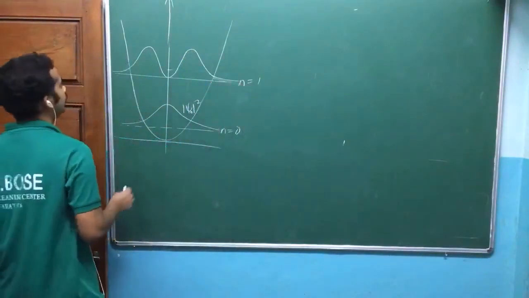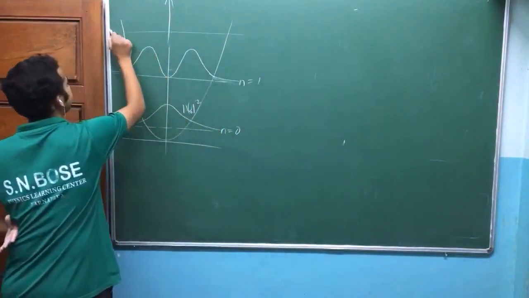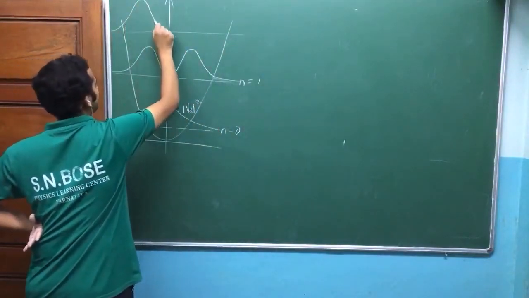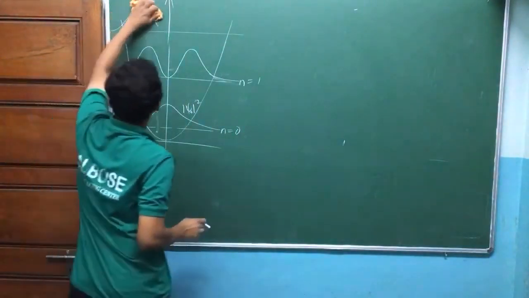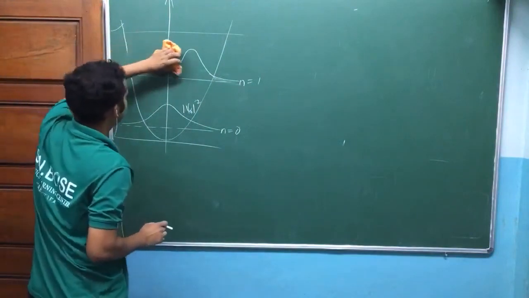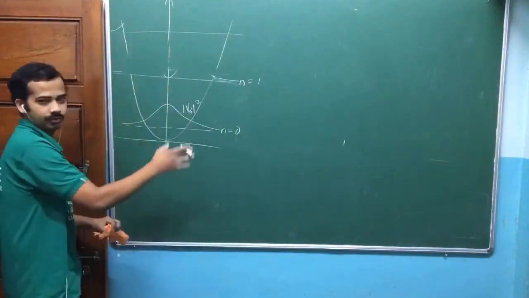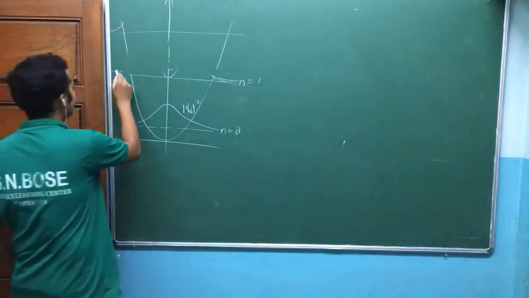Is that okay? For n equal to 2, observe very carefully. Again, the area under the curve should be the same, isn't it? You should be careful while drawing this. Area under this one should be equal to area under this one, equal to 1, normalized, isn't it? Be careful.